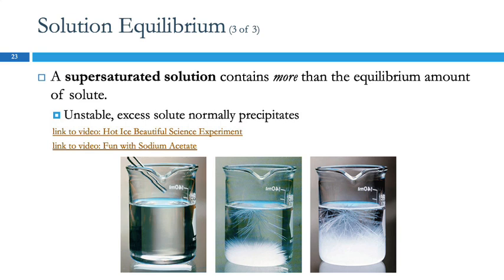Wile E. Coyote runs off the cliff, and he doesn't start falling until he notices that he's run off the cliff, right? So this supersaturated solution is like Wile E. Coyote that ran off the cliff. It doesn't realize it shouldn't exist yet.